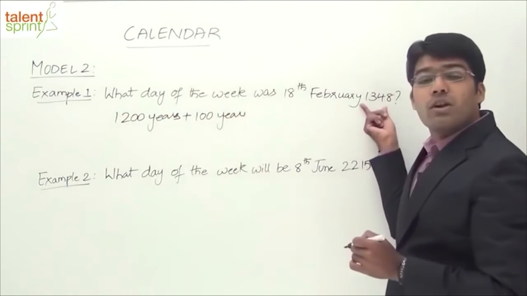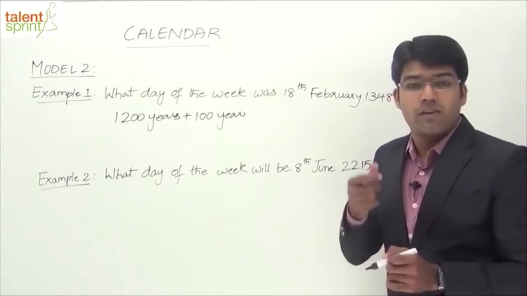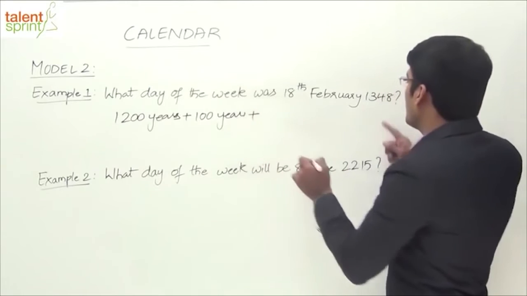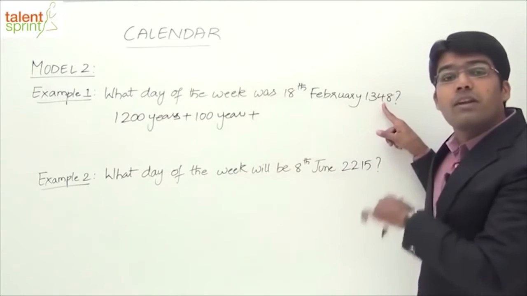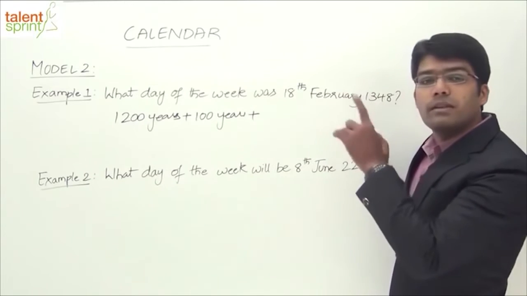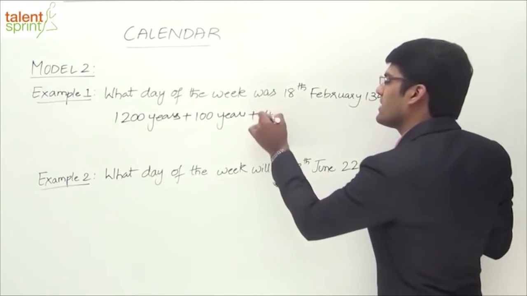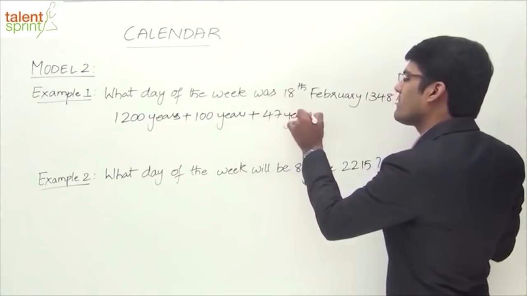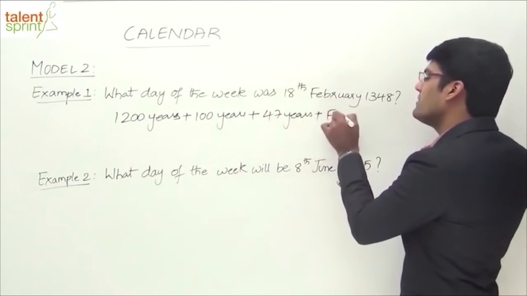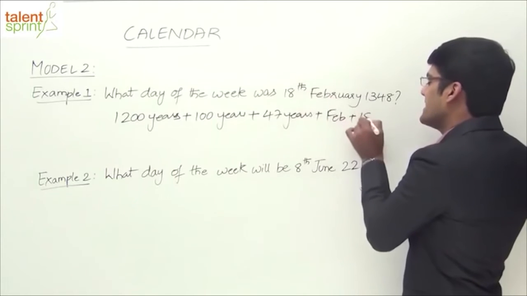From 1201 to 1300, those 100 years, plus we are in the 48th year of this particular century, so we need to consider the previous 47 years. Then in the 48th year, we are referring to the month of Feb, and the date here is 18th.